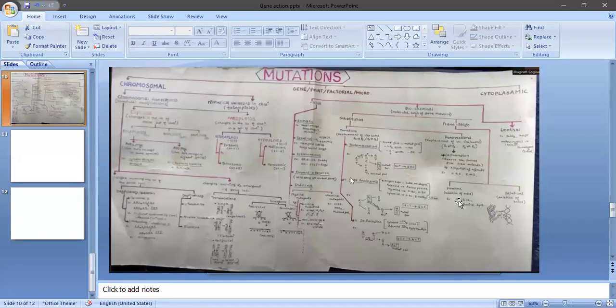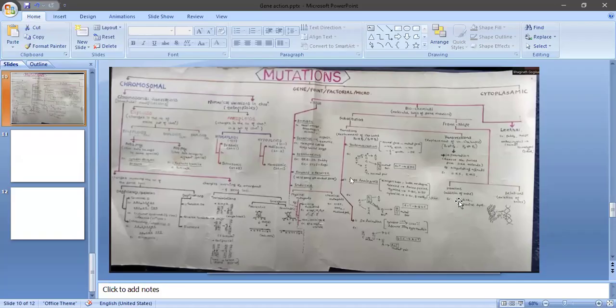Frame shift is nothing but deletions or additions. Sometimes nitrogen bases are deleted from the DNA reading frame or codon reading frame. Sometimes a new nucleotide is added into the DNA reading frame.